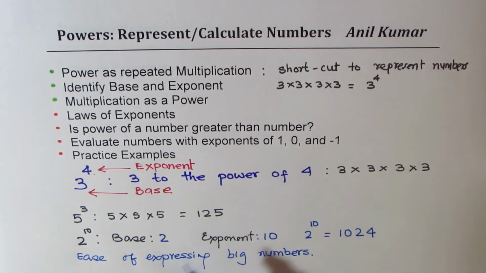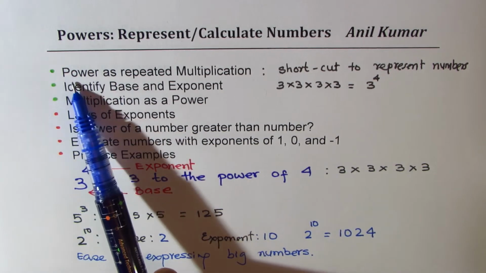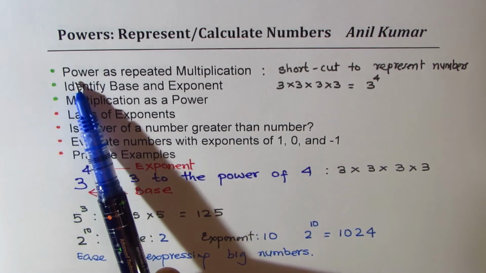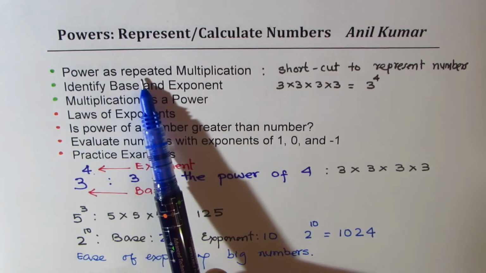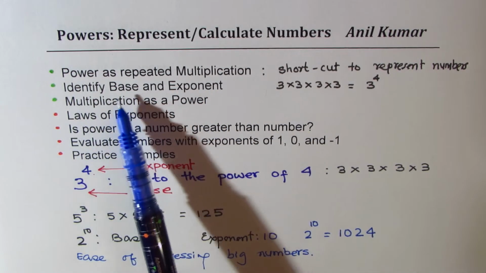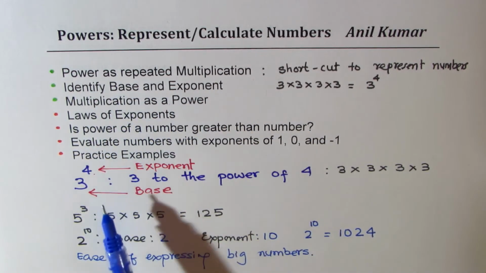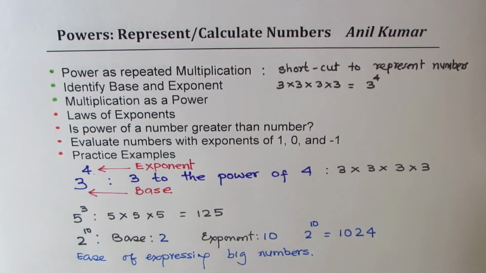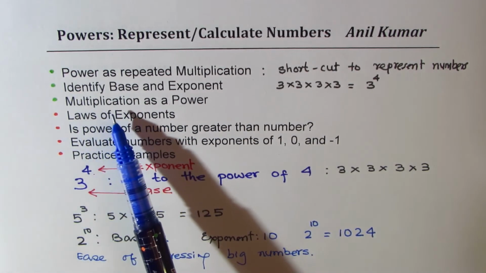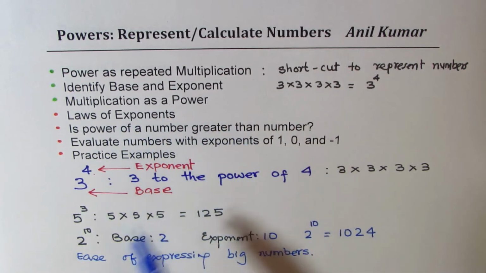By these examples, I think you have understood the concept that power is treated as a repeated multiplication, and you can now identify base and exponents if I give you something in power. You also see how multiplication and power are related.